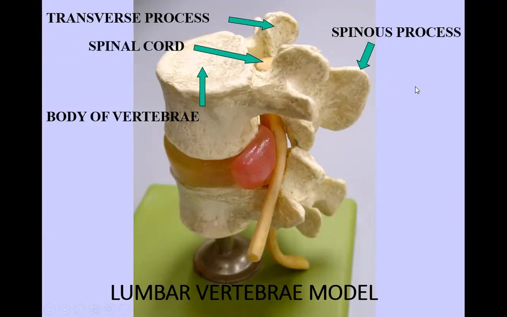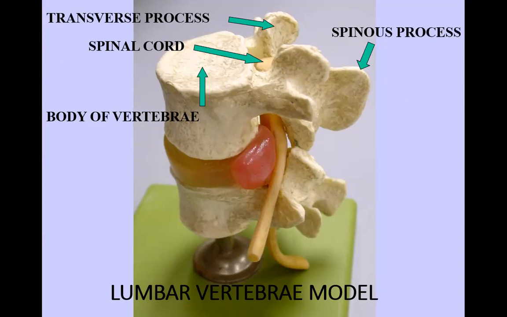There's our spinal cord looking down. Our spinal cord is tucked in there and it runs down through what we call the vertebral foramen. Our spinal cord runs down to about the level of thoracic 12, lumbar 1.